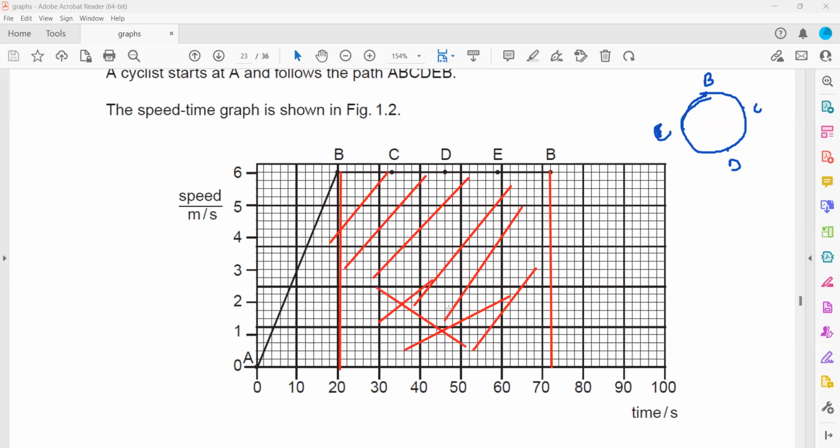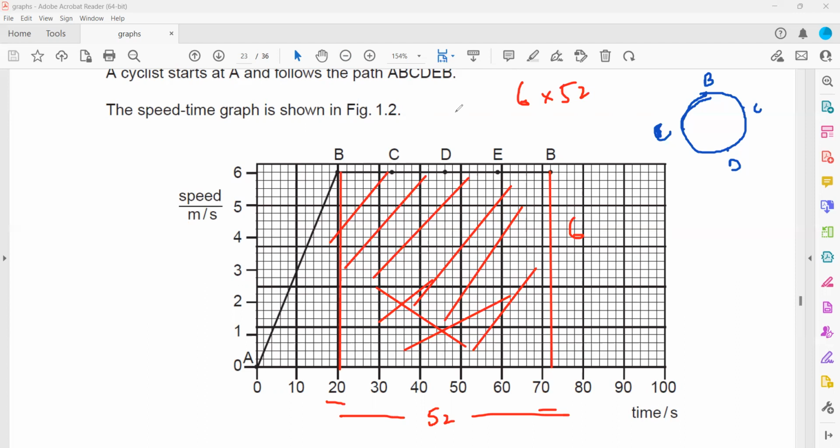It is making a rectangle. So we'll use the formula length times width. Starting from 20 and ending at 72, this is equal to 52, the total length. And starting from 0 and ending at 6, this is equal to 6. So it will be 6 multiplied by 52.